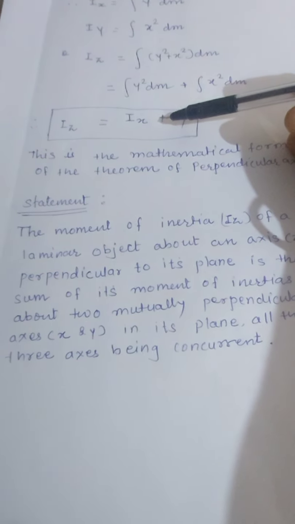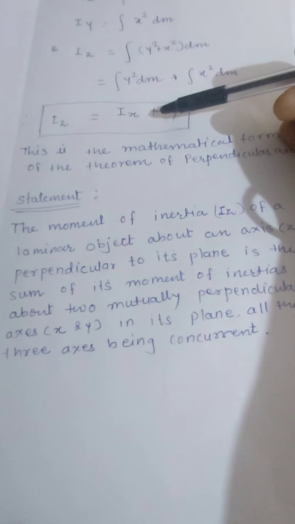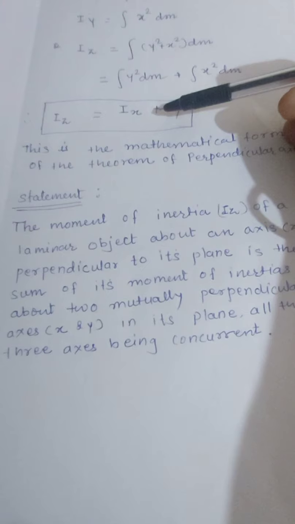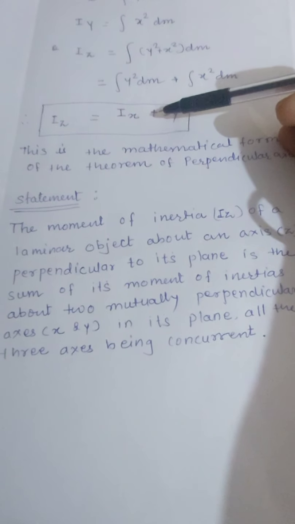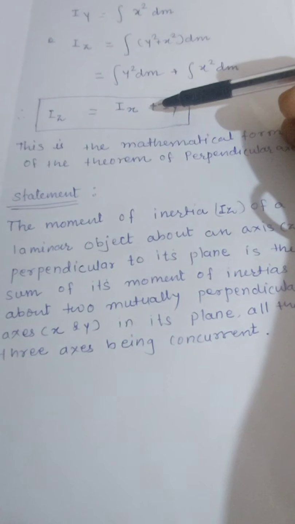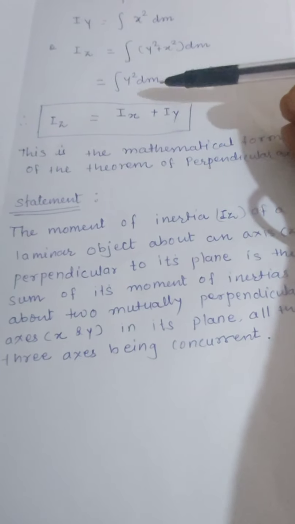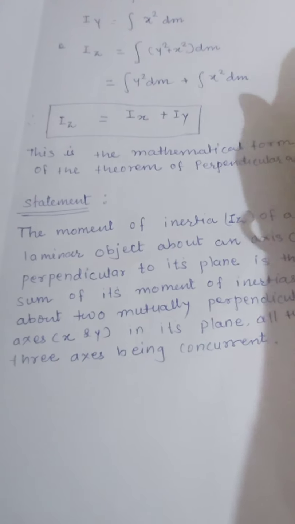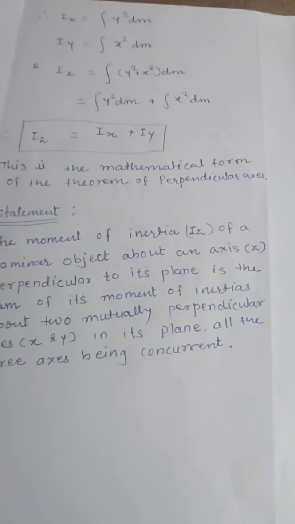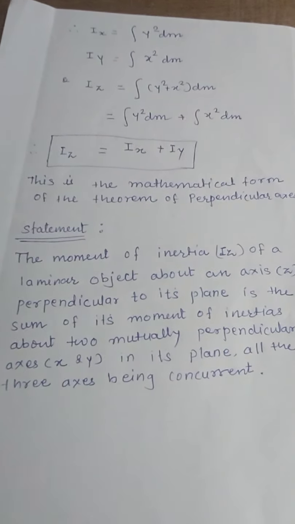So again, the statement: the moment of inertia of a laminar object about any axis perpendicular to its plane is the sum of its moments of inertia about the two mutually perpendicular axes in its plane, and all the three axes being concurrent.